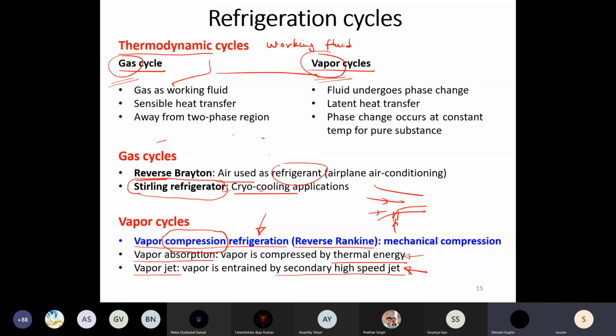Now we can use it for producing some chilled water, or to preserve something. If that industry also has some chilling requirement, they can use that 80-degree heat which they were going to reject to the ambient to produce some refrigeration and reduce their power bills. Such systems are not very common, but they have their own area of application.